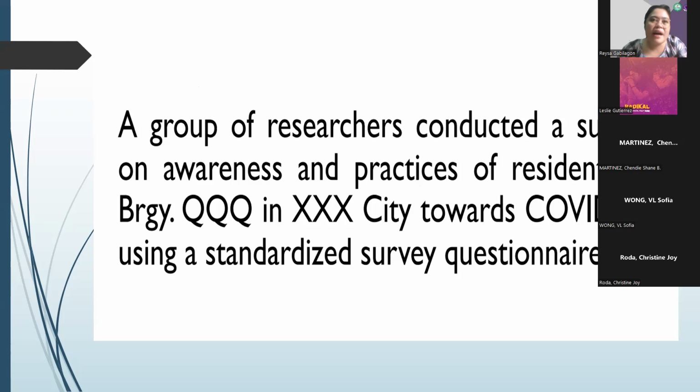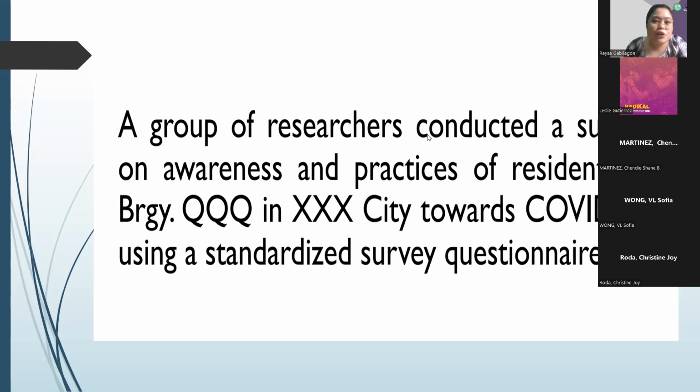Nagwe-wear ba sila ng mask? Ano pa yung mga pinapractice natin to prevent transmission of the virus. So yun yung gusto nilang malaman, kung mataas ba yung awareness, very aware, very knowledgeable sila sa COVID-19, mataas din ba yung practice nila sa mga methods of prevention.